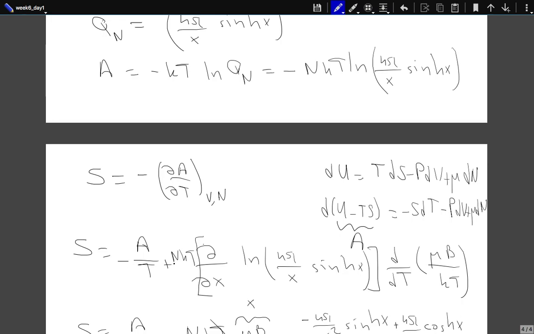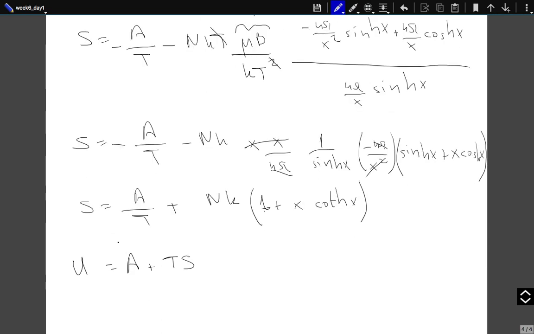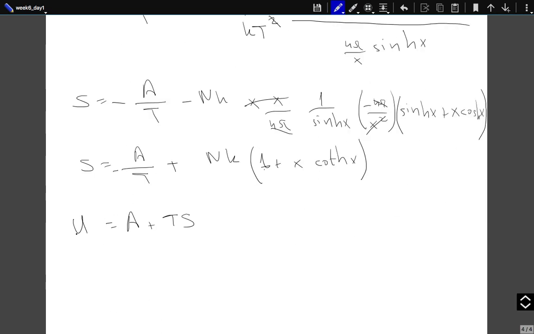So this is minus. This is minus. This is minus. So U is A plus TS, which is just nkT times 1 plus x times cotangent hyperbolic x.